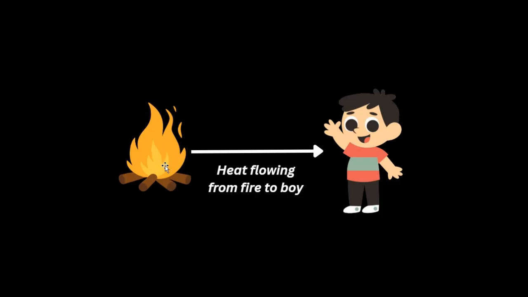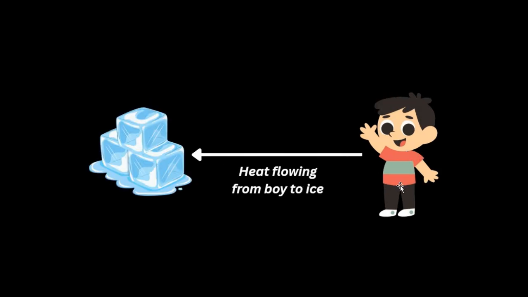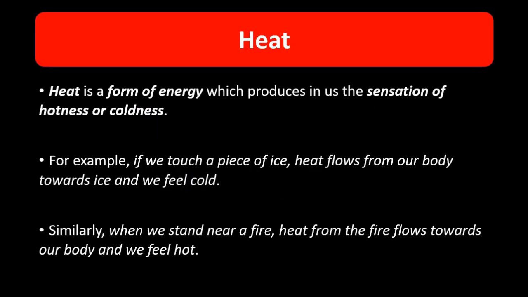In the first case, the fire is at a higher temperature, your body is at a comparatively lower temperature. So heat is flowing from the fire to your body. In the second case, your body temperature is higher than that of ice. So heat is flowing from your body towards the ice. So this is the basic concept.